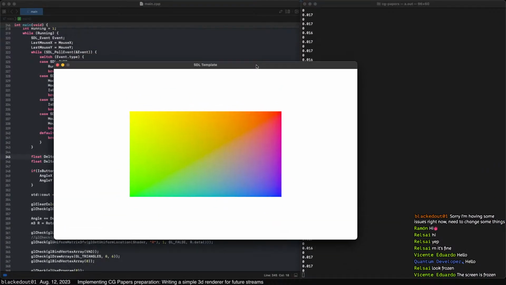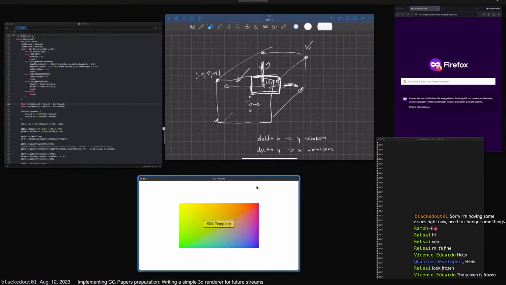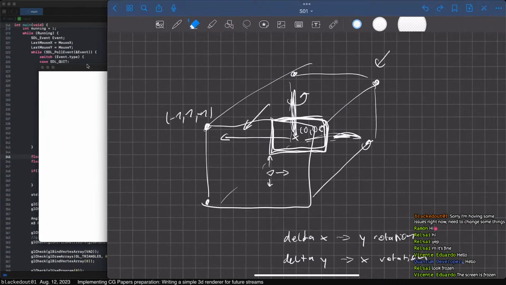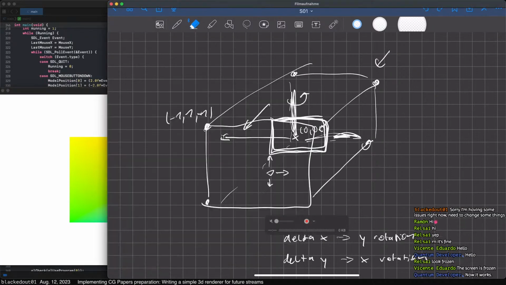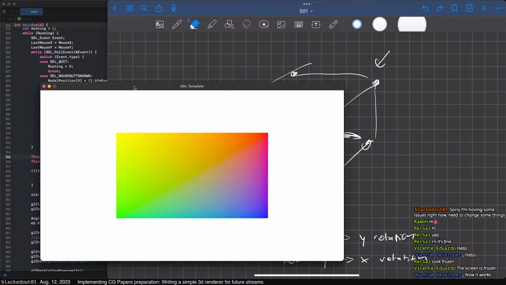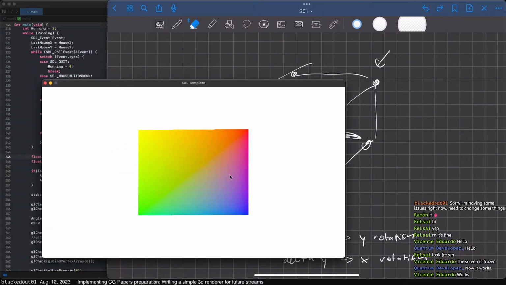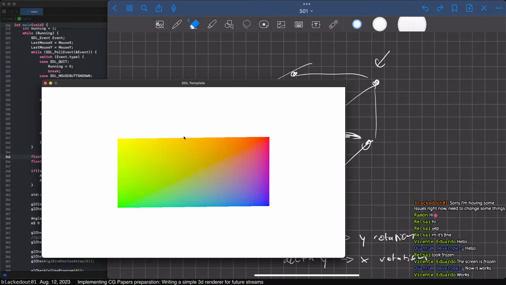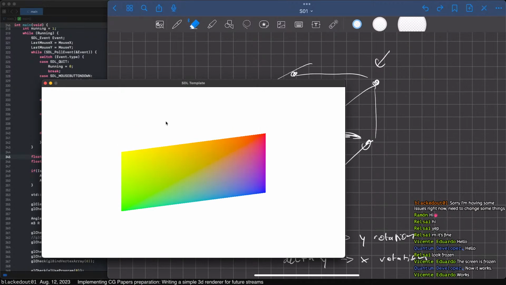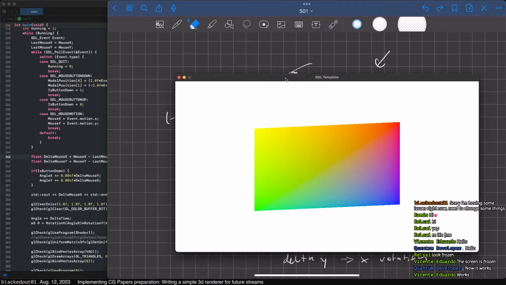So, in the last episode, like I said, originally we just had this rectangle here, and we render this into the normalized device coordinate cube like OpenGL expects. When the mouse is moved, we rotate this around the y-axis and in the other direction around the x-axis.